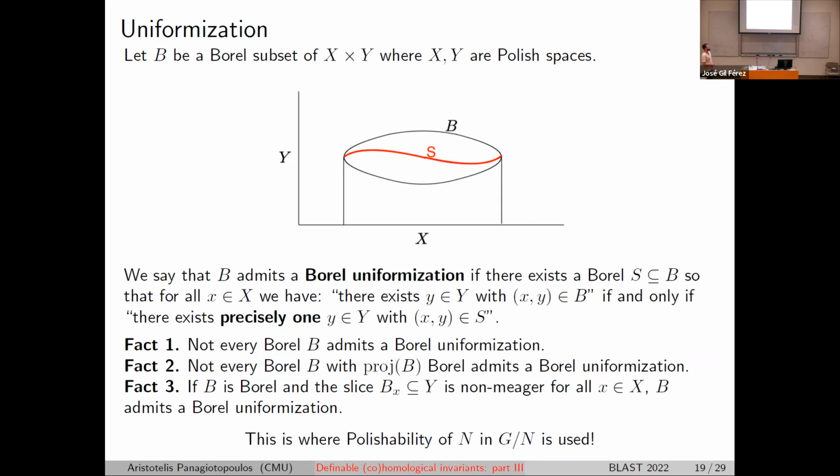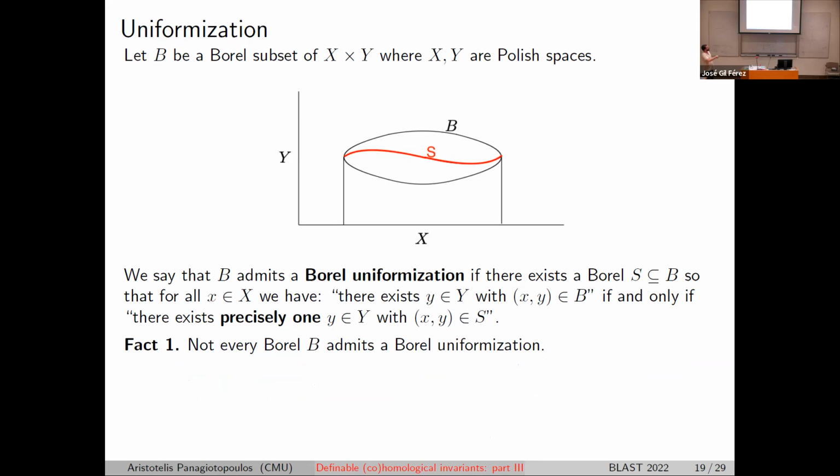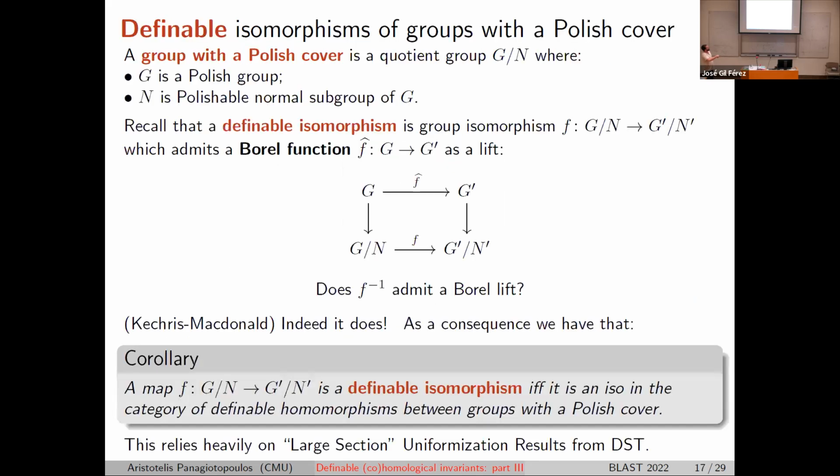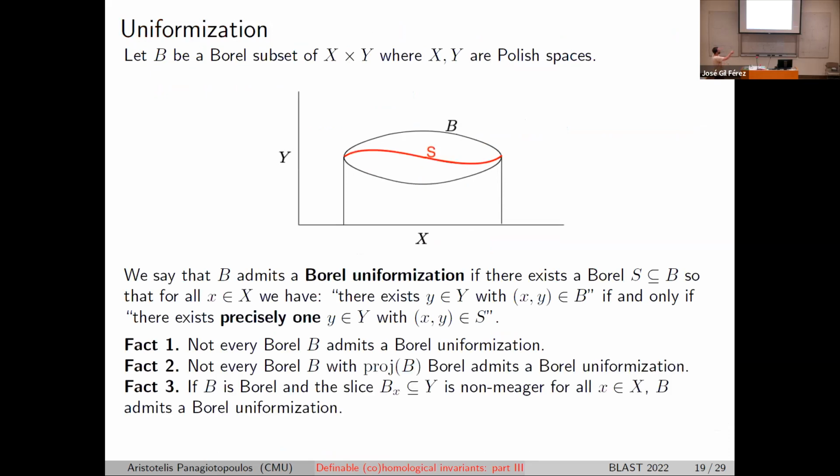Finally, maybe this is the question that is behind our minds since the beginning. Why is this Polishability assumption on the kernel? Right? Remember, this map here, we can lift it to the Borel map, and now we want to find an inverse. Finding inverses is very similar to this problem here.